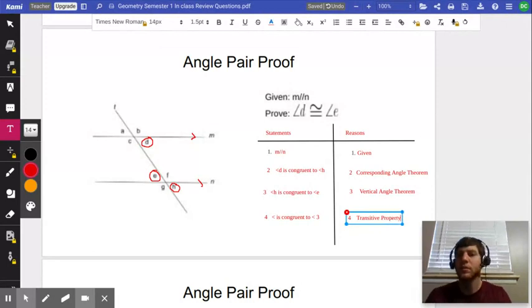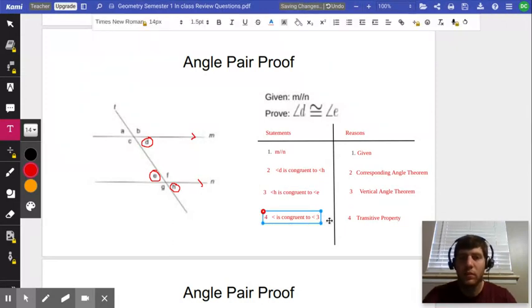I totally messed up here, I didn't even put angles in. Okay, angle D and E, which is what we're trying to prove. Angle D is congruent to angle E here.